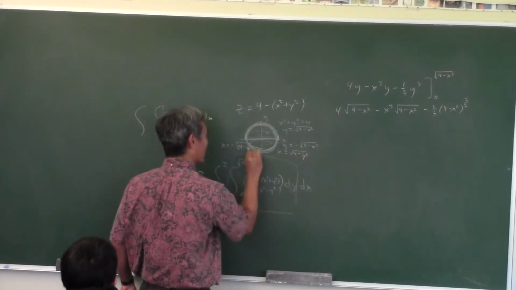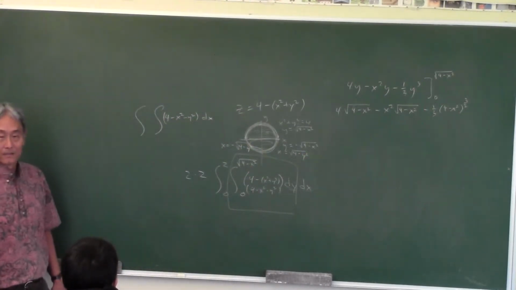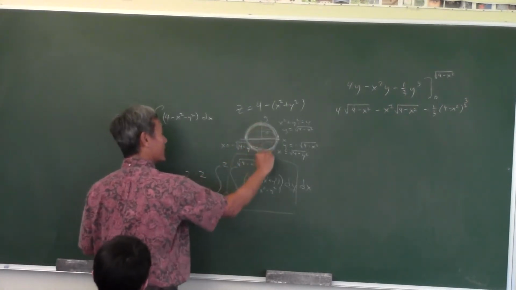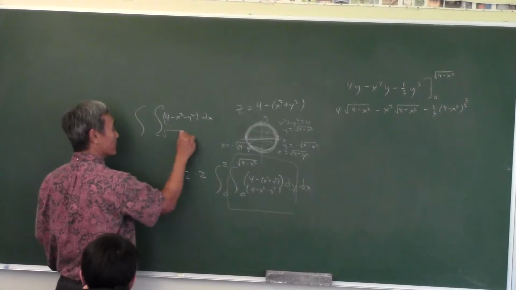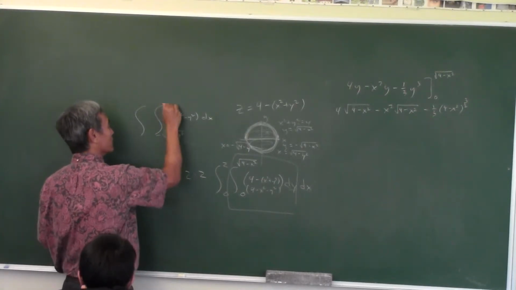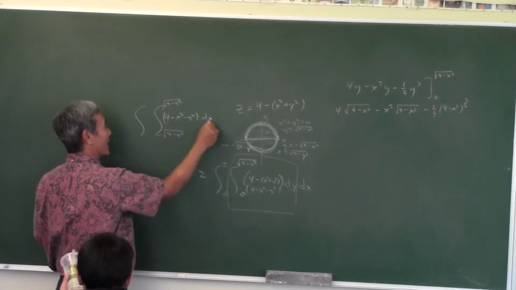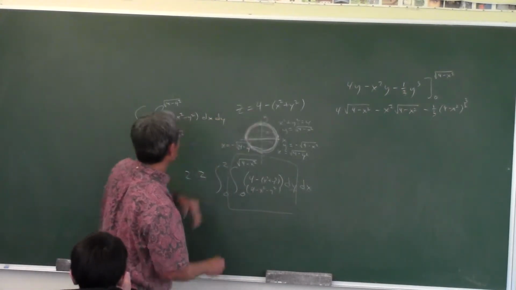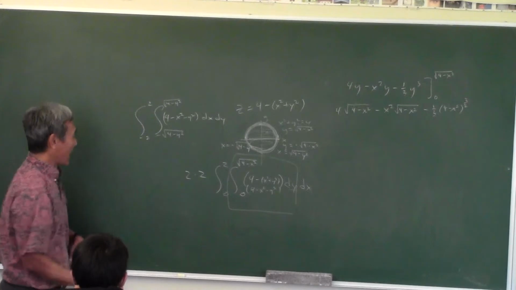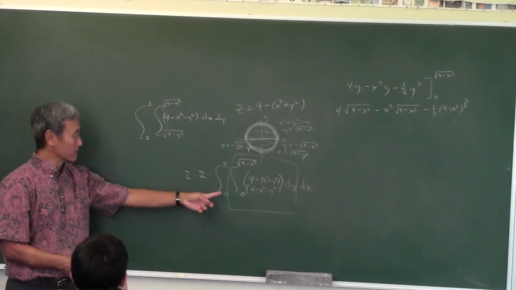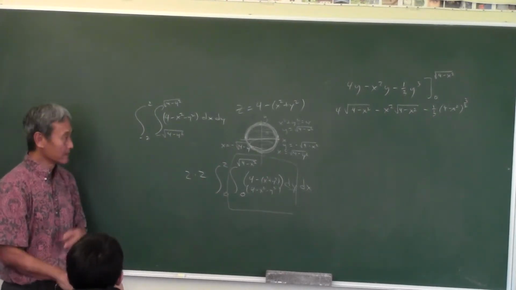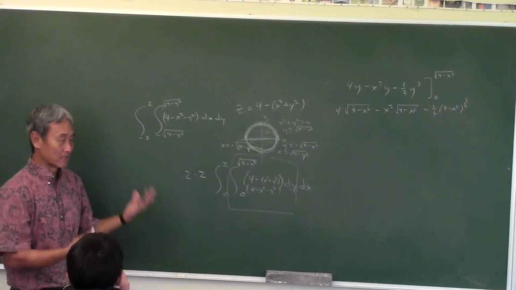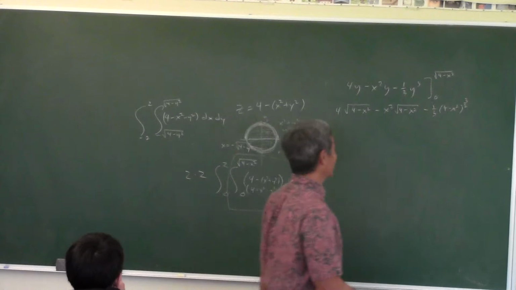So you go from negative root 4 minus y squared to root 4 minus y squared, and then with respect to y, from negative 2 to 2. Depending on the symmetry, you can do stuff like this. I like to integrate with respect to y first, because it seems more natural.